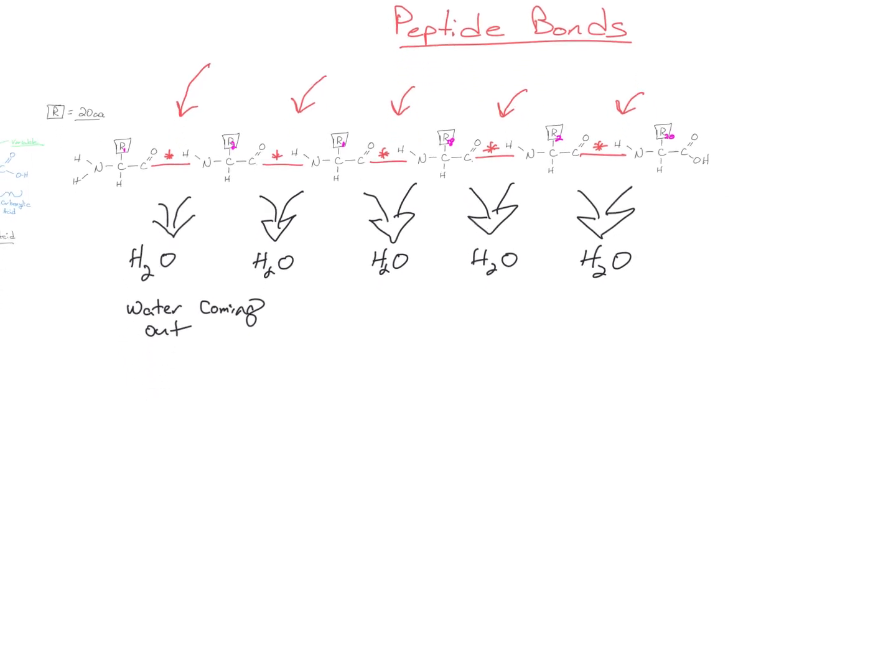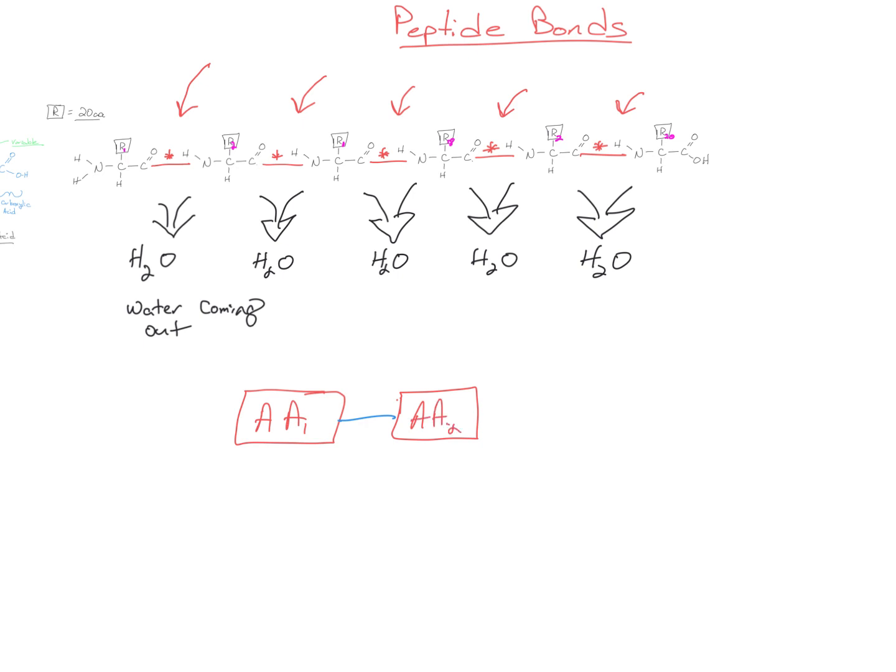So anytime you take two amino acids, instead of drawing them out this way, I'm just going to write amino acid 1, if you don't mind. This represents this whole thing right here. And I connect it to another amino acid, and to keep it simple, I'll put amino acid 2.